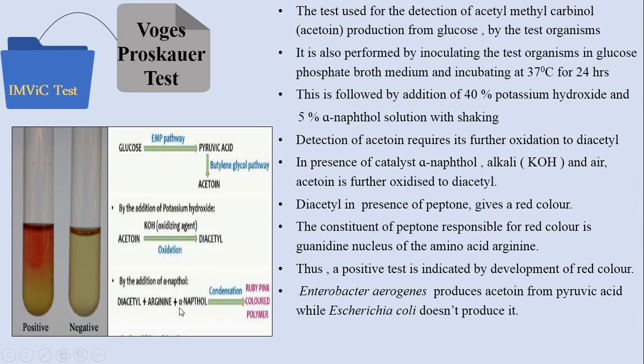This diacetyl reacts with alpha-naphthol in presence of arginine and produces a red colored compound, and therefore the development of red color is an indication of a positive test. So this test is given positive by Enterobacter aerogenes and negative by Escherichia coli.